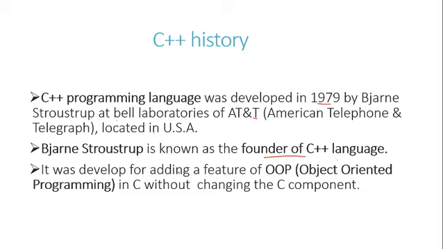It was developed to add the feature of object-oriented programming to C without changing the C component. Almost 90% of the components of C can be used in C++, so C++ was developed by adding extra features on C without changing the C components. So this is all about the interesting history of the C++ programming language.